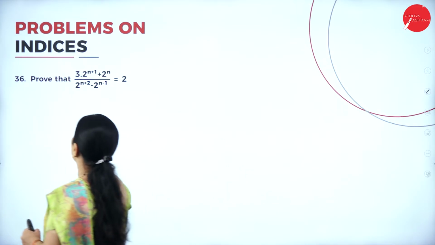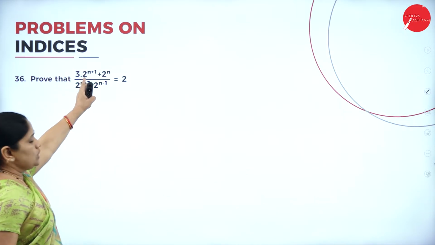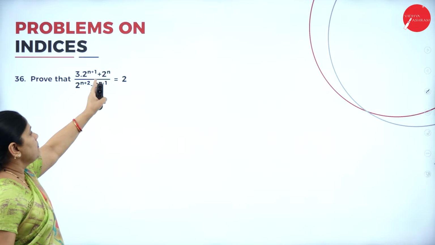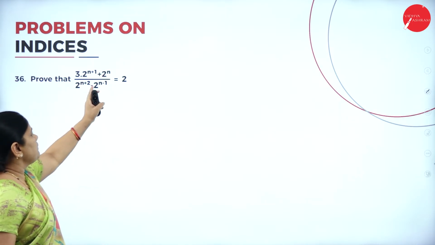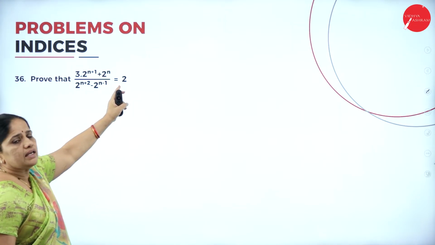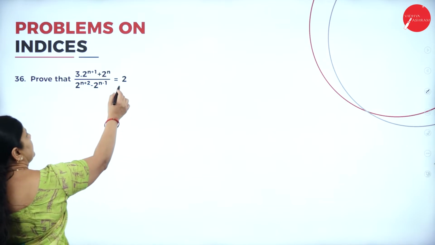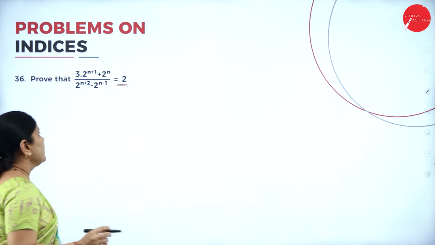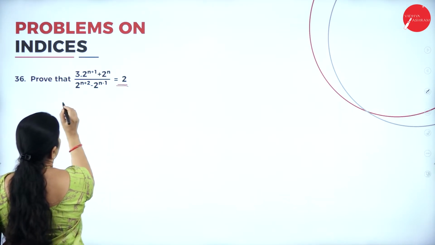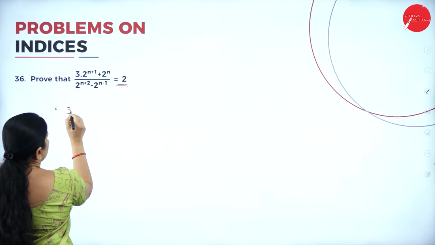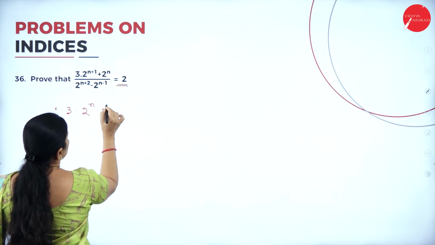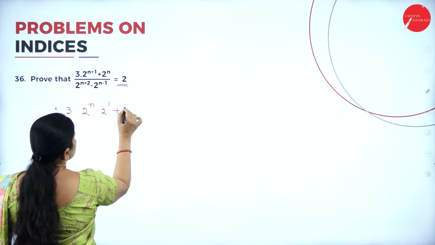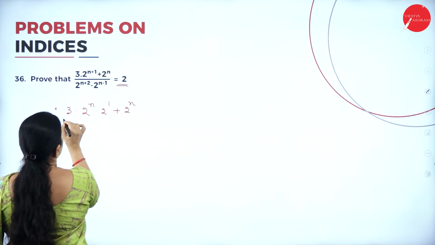So, the next problem is 3 into 2 to the power of n plus 1 plus 2 to the power n whole over 2 to the power of n plus 2 minus 2 to the power of n minus 1 equals 2. Now, we have to get this 2 as the answer. Now, let us split it up. Now, I will write it as 3 into 2 to the power of n into 2 to the power 1 plus 2 to the power n.